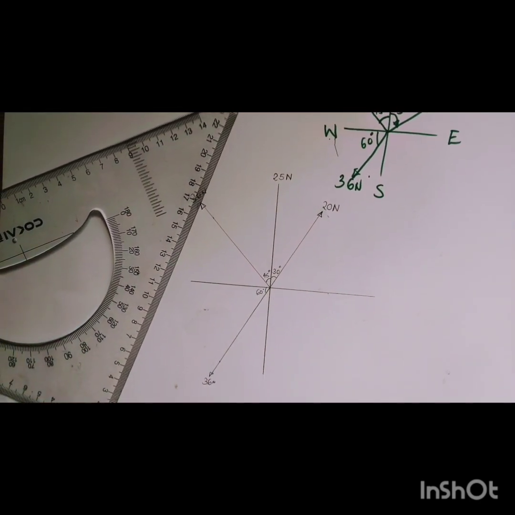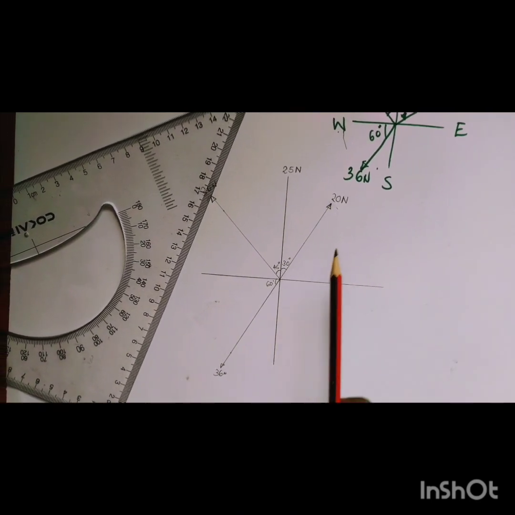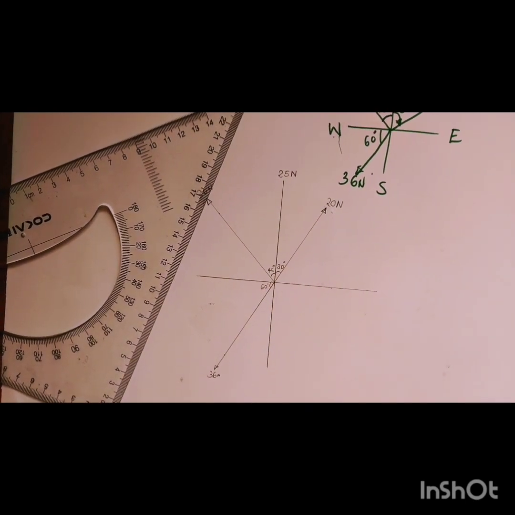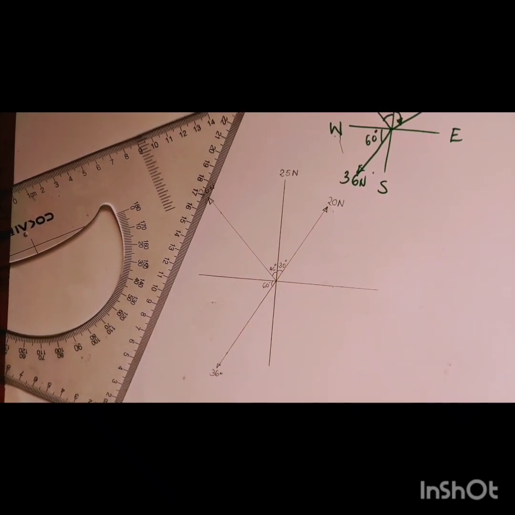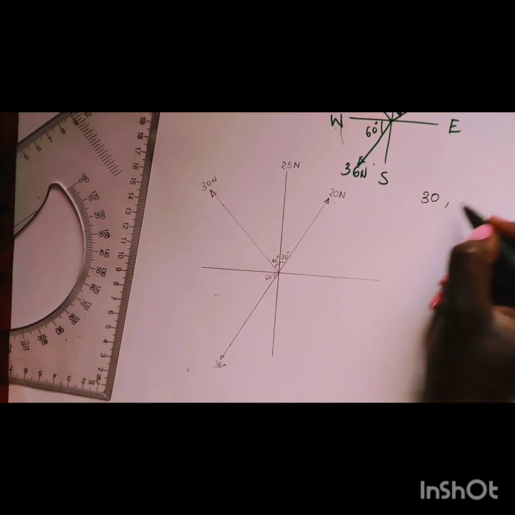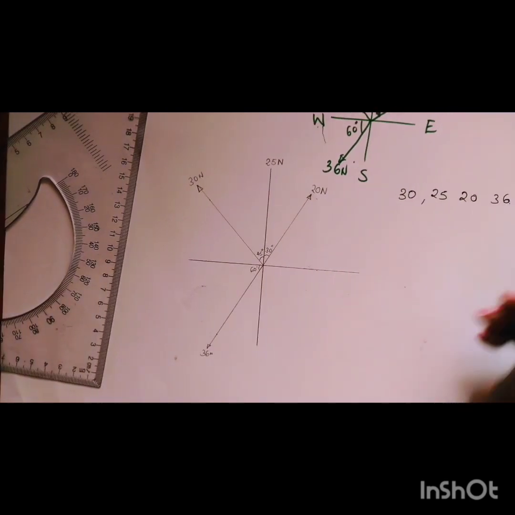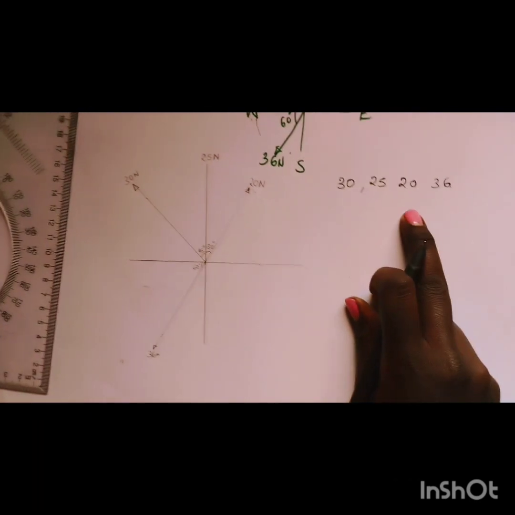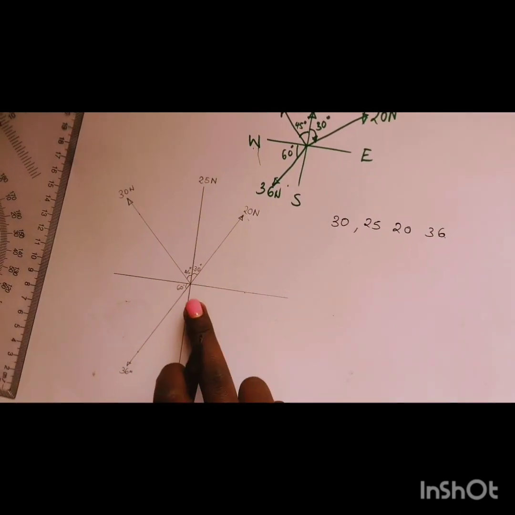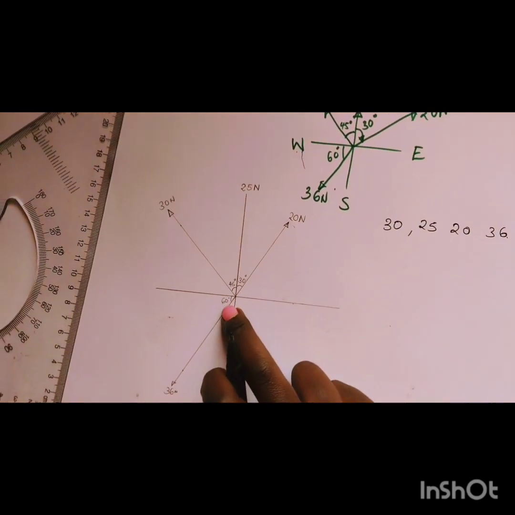Now, please be very much careful on what we are going to draw next, because we now need to identify our scale. So remember, we have forces of 30, 25, 20, and 36 newtons. So get a suitable scale that can fit your paper for all these forces. In our previous drawing, we just indicated you are perfect on our angles.